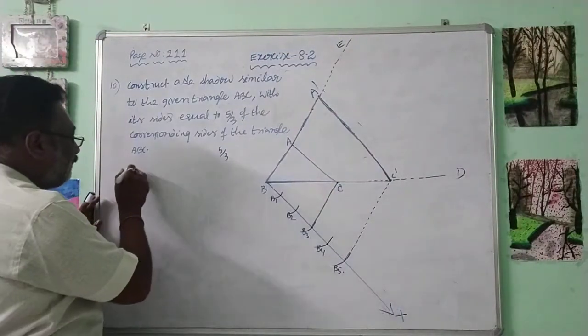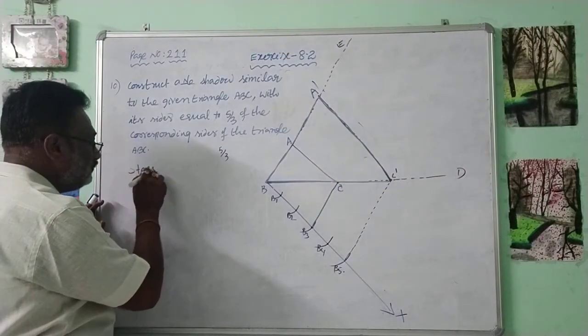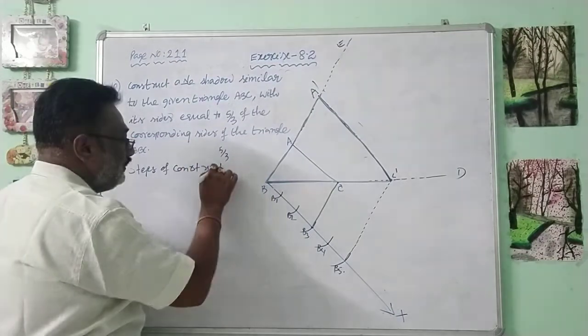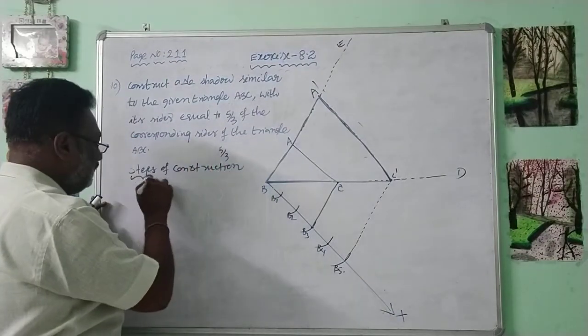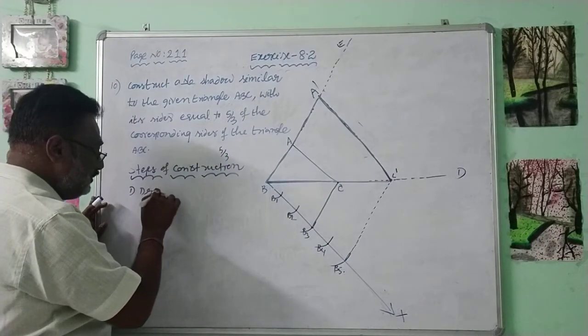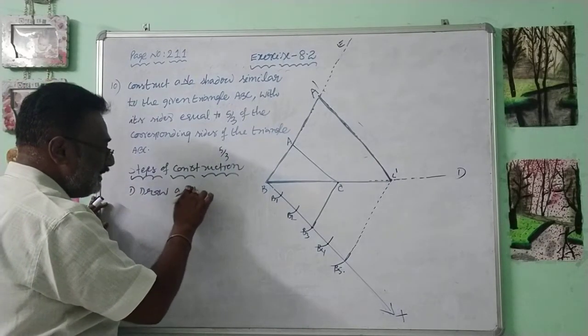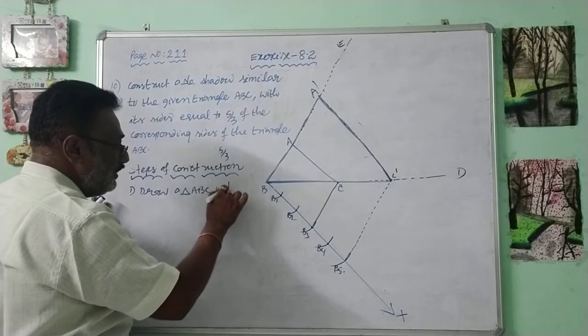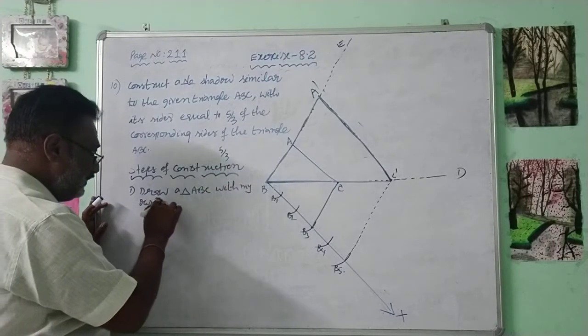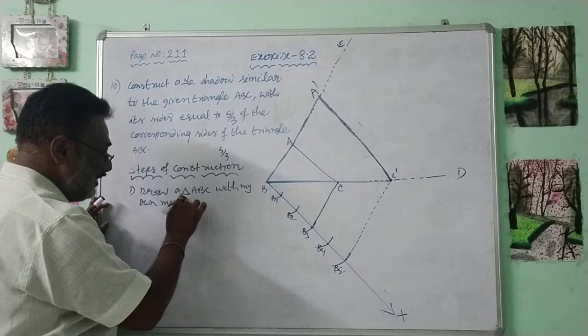Listen to me. Steps of construction. So the first step is draw a triangle ABC with my own measures or measurements.